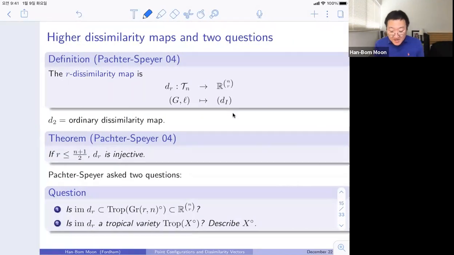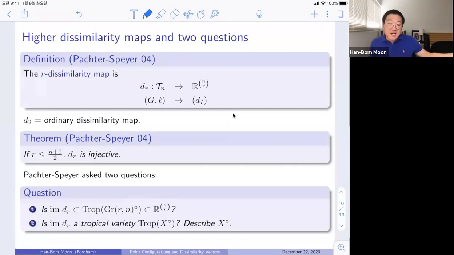Okay, then instead of using the data measuring the distance between two taxa, here is a new definition of the R-dissimilarity map. For a tree graph, we are going to collect all of the sizes of subtrees. So this is a vector in R^(n choose R).